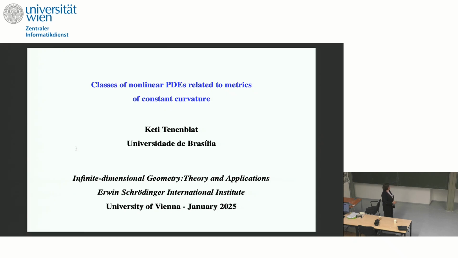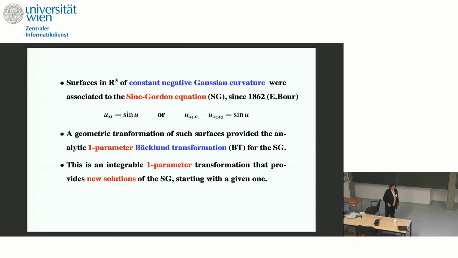Historically, the equation that was known to be related to surfaces with constant negative curvature was the sine-Gordon equation. Bour, in 1862, showed that when you have a solution of the sine-Gordon equation, then you can define a surface locally in R3 whose curvature is -1, and vice versa.